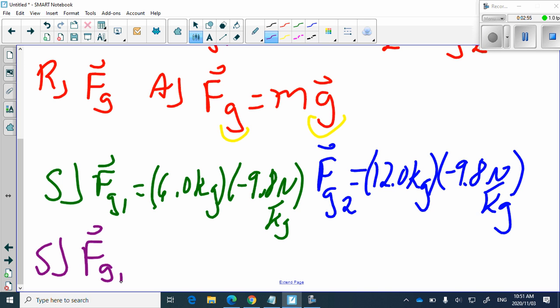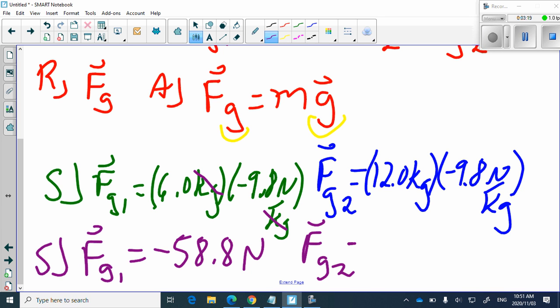Force of gravity 1, first object, is negative, because it's a vector, 58.8 newtons. Where do I get newtons from? Look, kilograms cancel, right? Force of gravity on the second object: negative 117, that's a 7, 117.6 newtons. Okay, now those are the numbers you got. Terrific. So now that's A.